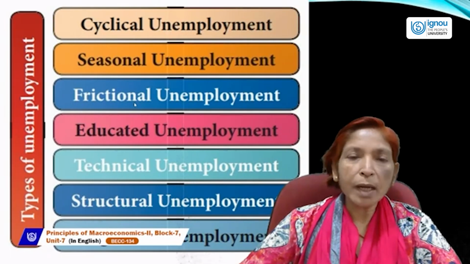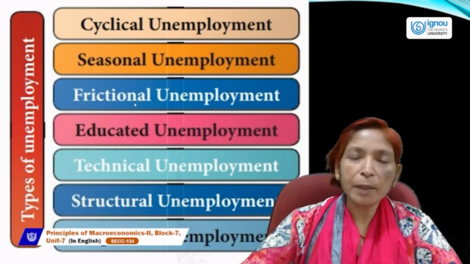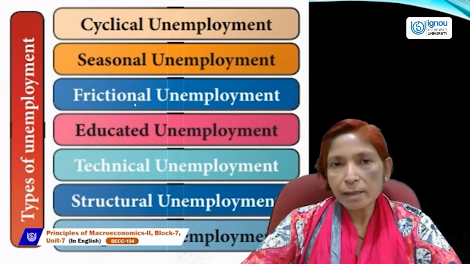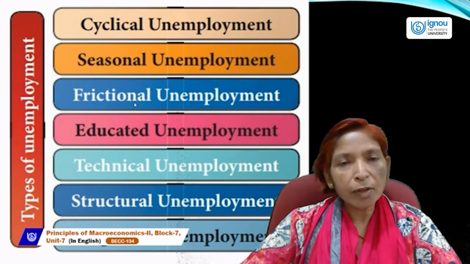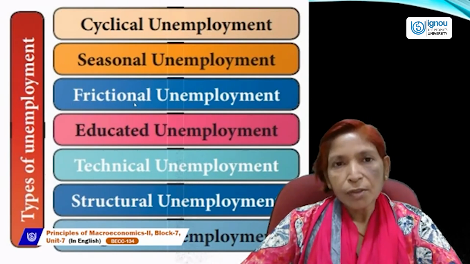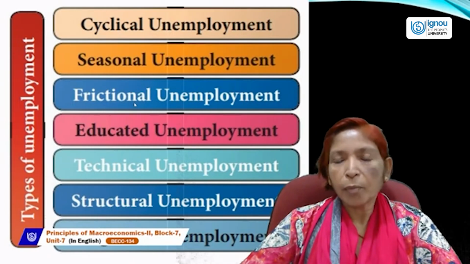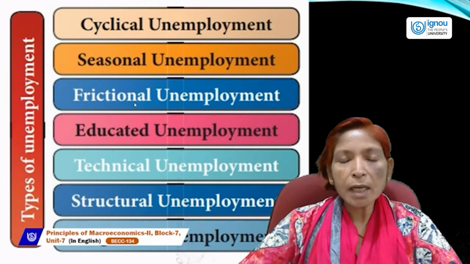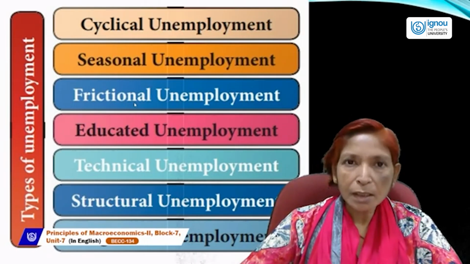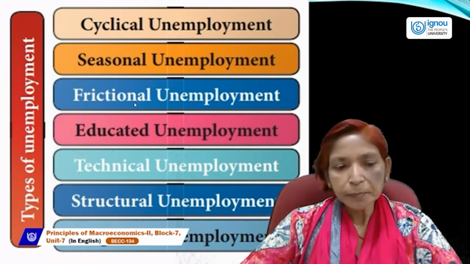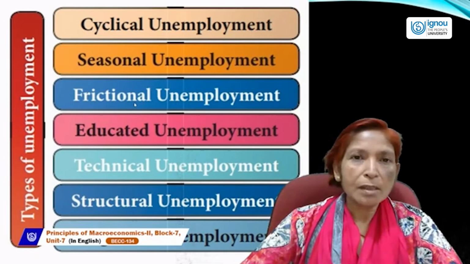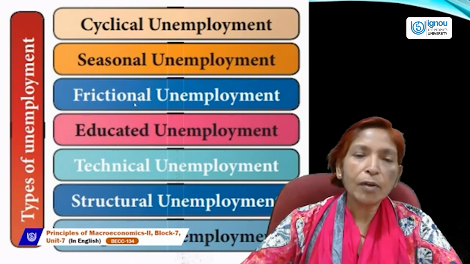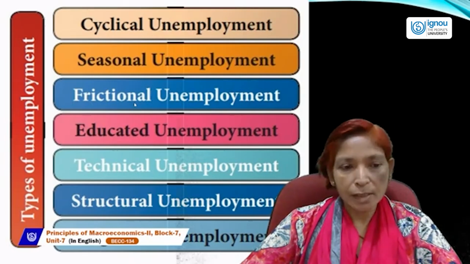When we use more capital intensive technology, in which capital is used in abundant quantity and labor is used less, in that case, labor will be unemployed. So this is called technical unemployment, which occurs due to the use of inappropriate technology in the economy. For developed nations, capital intensive technique is more appropriate for the production of goods and services.